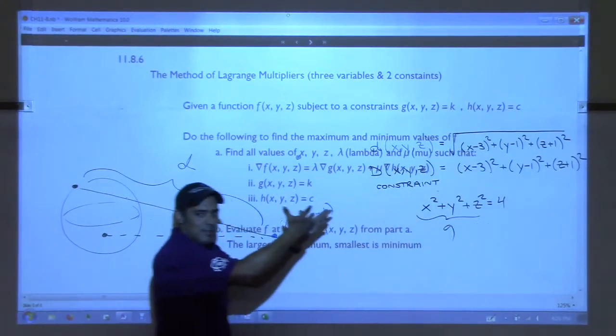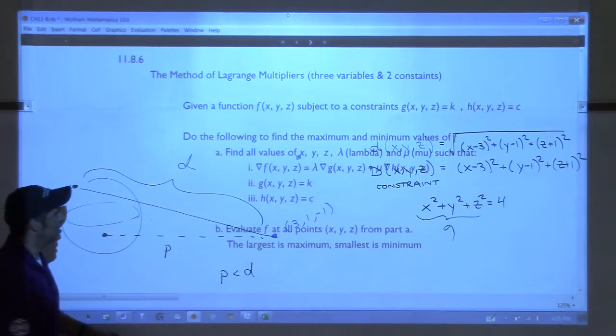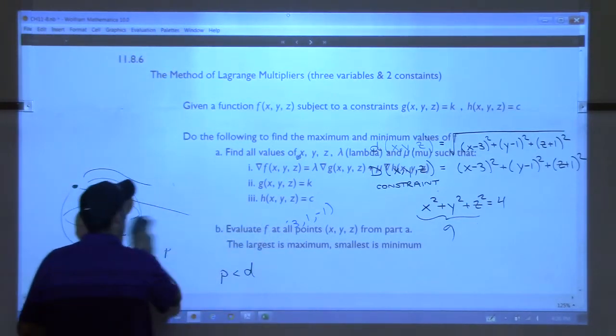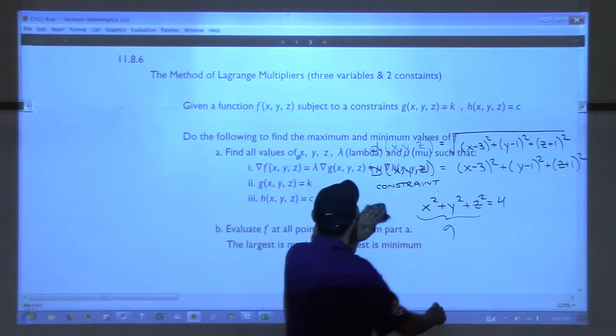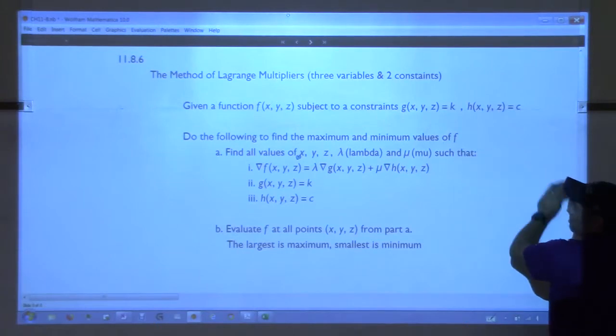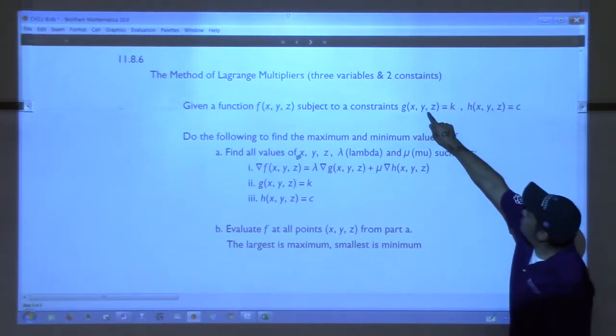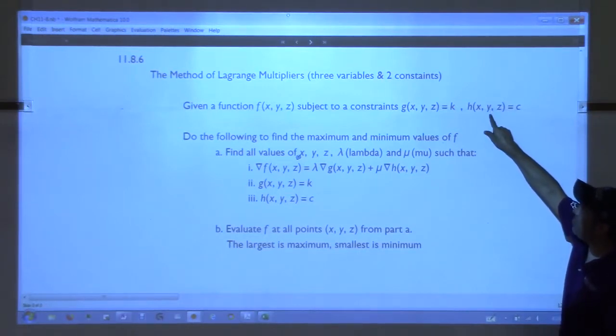So can we do this? And the answer is yes, we can. But it gets ugly. What happens is that instead of your gradients having to be parallel, we have these 2 new functions. We had the g, but now we're introducing a new one, h, a second constraint.